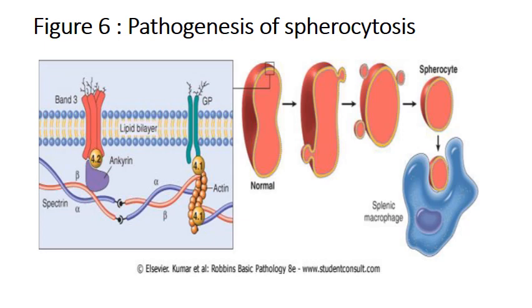This is a biconcave shaped red blood cell. Look at this, it is blebbing until it becomes a spherocyte. The spherocyte becomes less deformable and liable to be sequestrated and engulfed by the splenic macrophages and then destroyed.